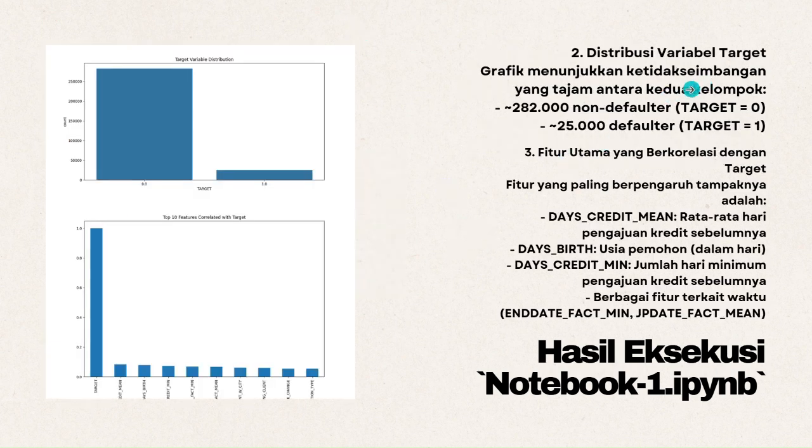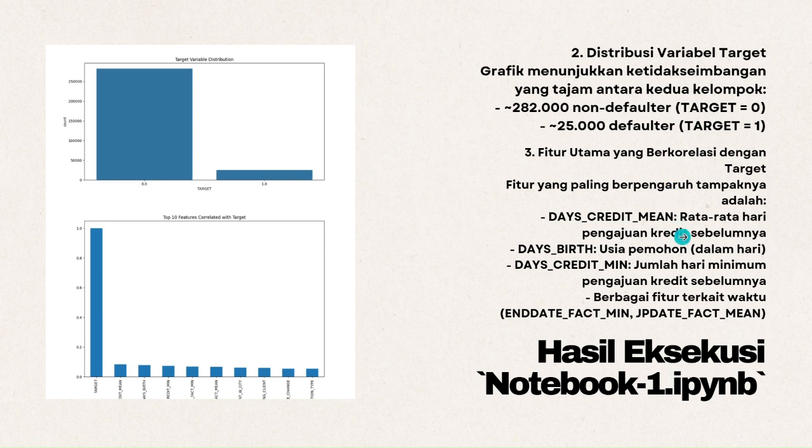So there's also the target variable distribution graph, which shows inequality that is sharp between two groups, in which there are 282,000 non-defaulter, in which the target equals 0, and 25,000 defaulter, in which the target equals 1.